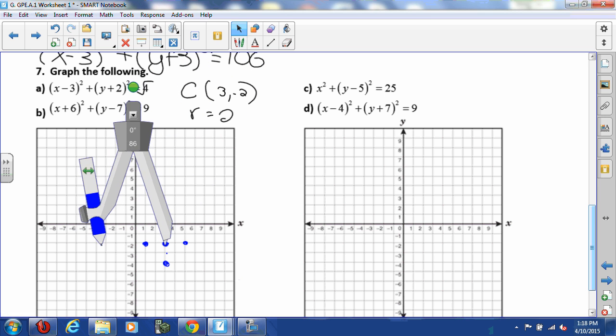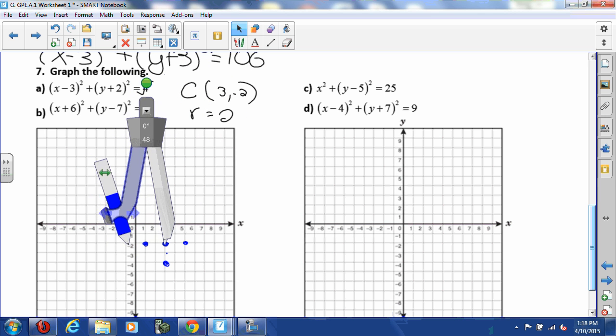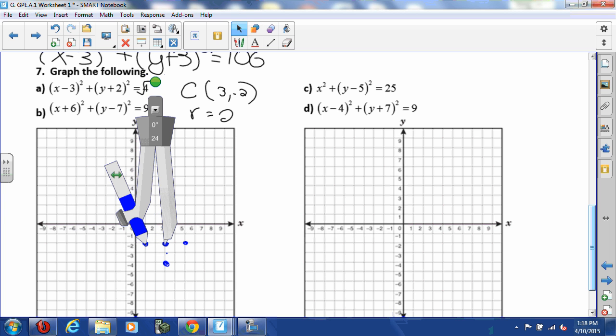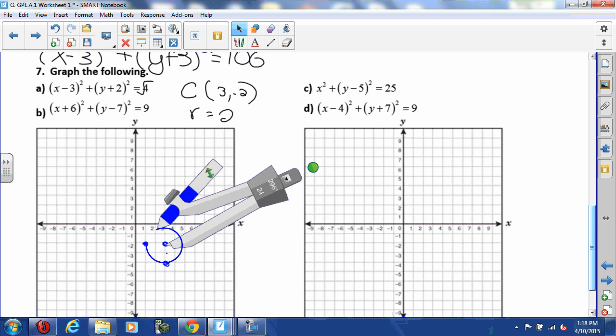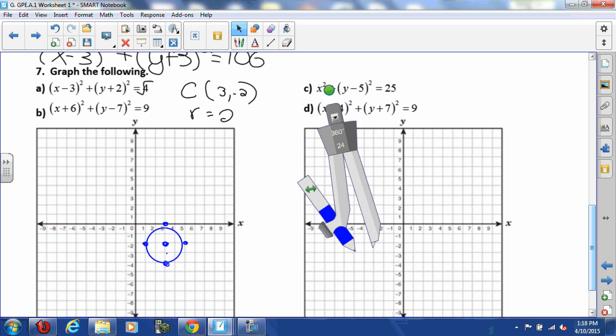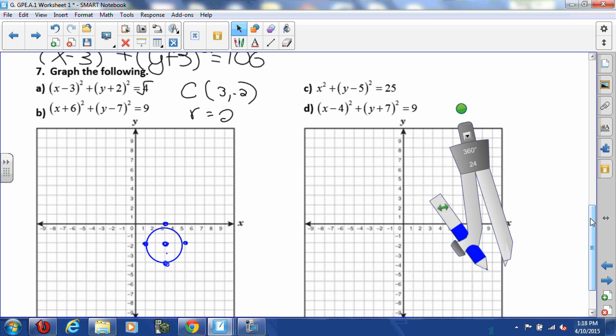I'll put my pencil part on any of the dots that represent my radius. And then you're going to swing that circle. You're done. In this case, you can either put the equation on the circle or just label it A.